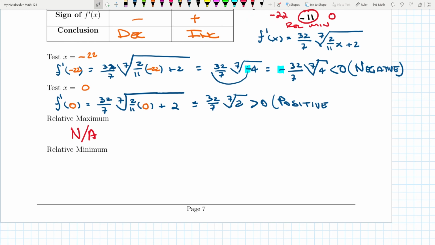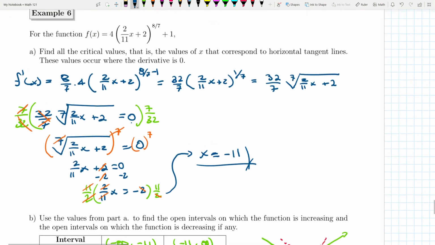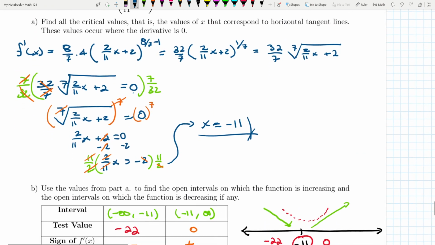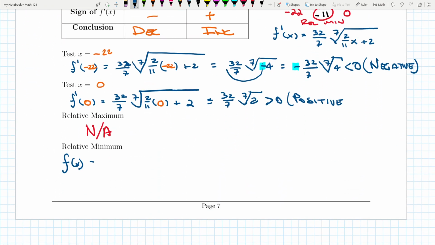But the relative minimum in the original function, f of x, let me go back to the original function: 4 times 2 over 11 x plus 2 to the 8 sevenths plus 1, and evaluate f of the critical number, which is negative 11.